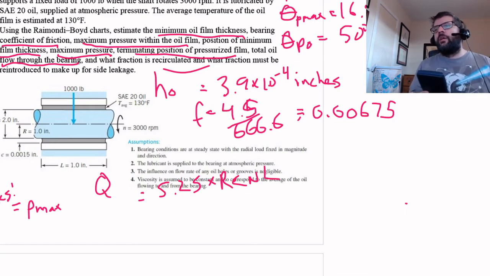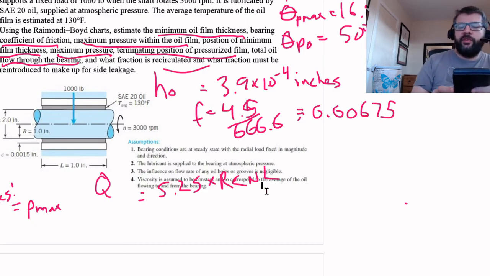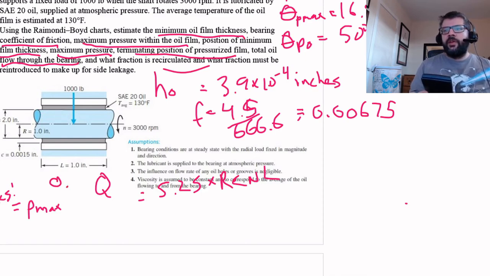So we got 3 length terms there and a per second term there. So we're going to be in inches to the third per second, cubic inches per second. We'll multiply that out, so that gives us a Q value of 0.39.